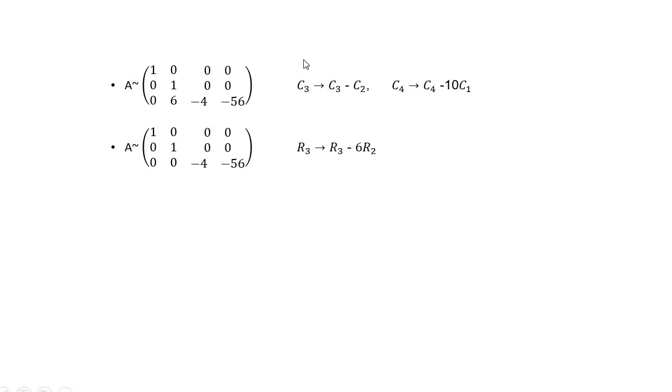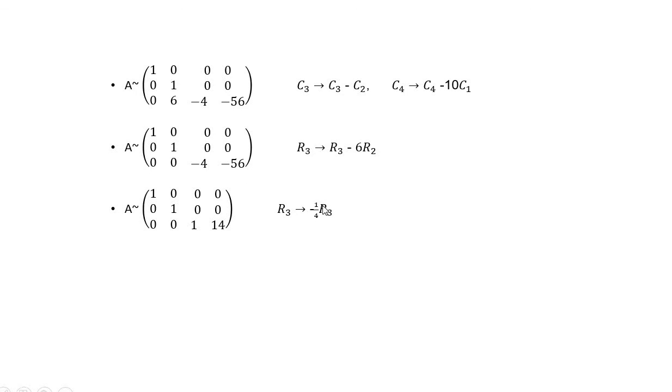We operated with the row, then go for column. In this column, the second element should be 1 and the other element should be 0. So, to make the second column element 0, I have taken R3 is equal to R3 minus 6R2.